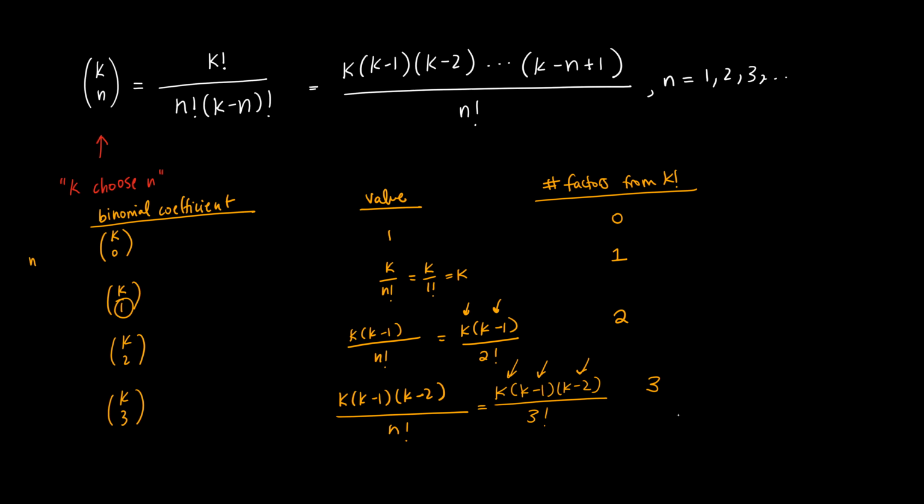So really, as n goes from 0 to 1 to 2 to 3, you gain more terms from that factorial expression. It's dependent on the n value in the binomial coefficient. So it's important to look at that and make sure you don't get misled into believing that you always have every single term from k factorial, because that is not the case.